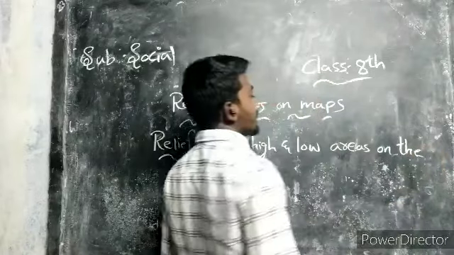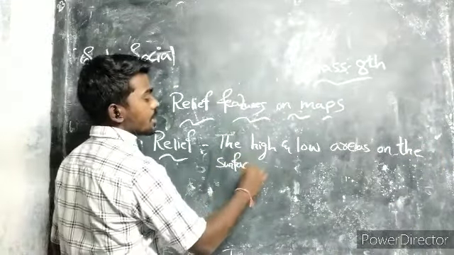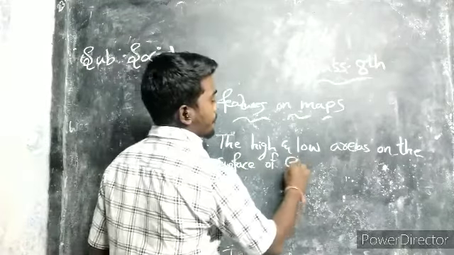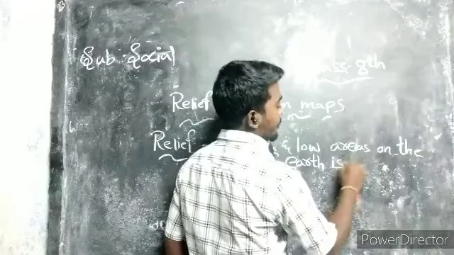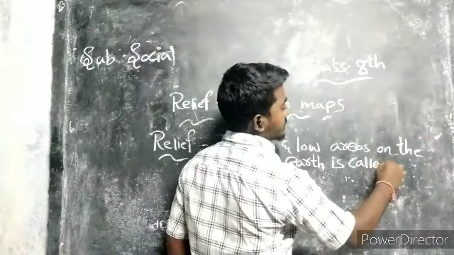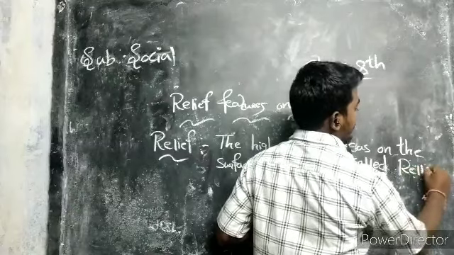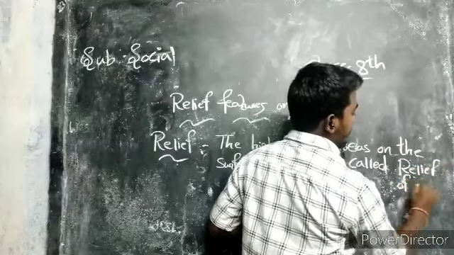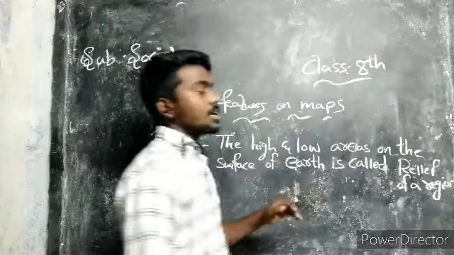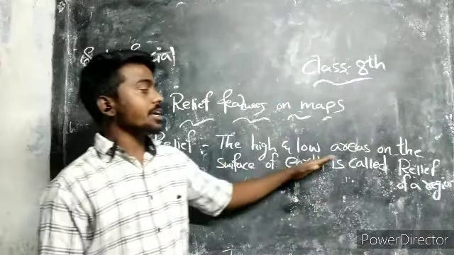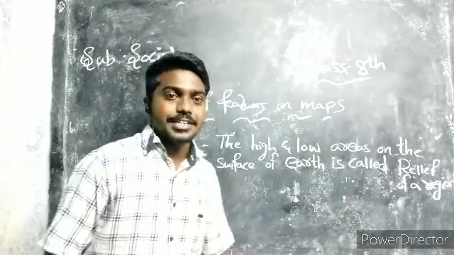The high and low areas on the surface of the earth are called the relief of a region.